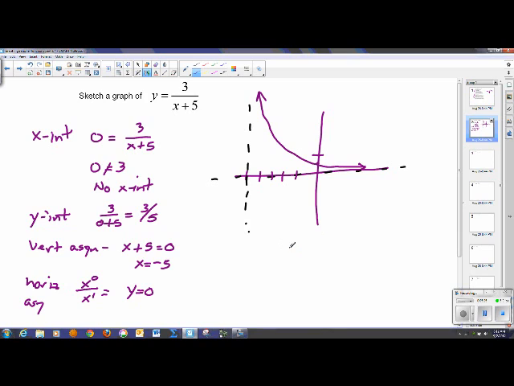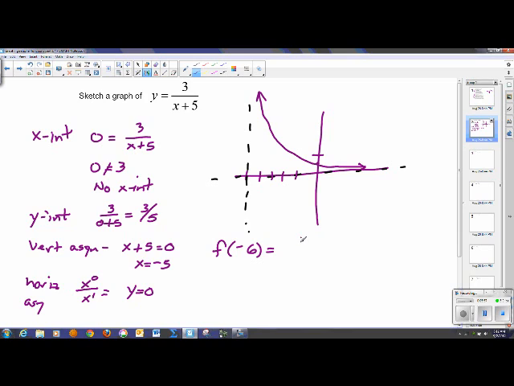Now here's the problem. I don't have any points on the left-hand side for this graph to go through. So what I'm going to have to do is check to see what kind of value I get to the left of this asymptote. So I want to find out what happens when x is, let's say, -6. And that will help me graph the remaining part of my line. So I plug -6 into my x value.